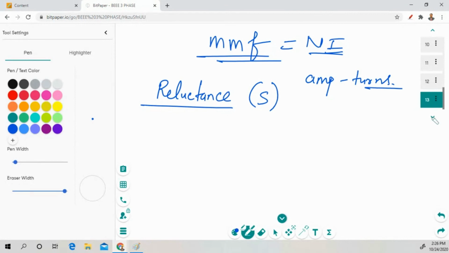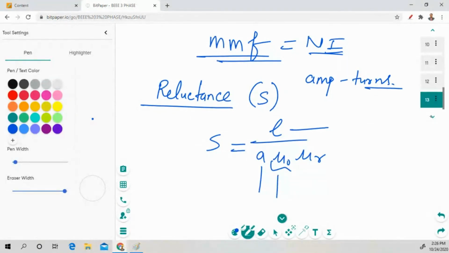So reluctance offers opposition to magnetic flux. How can you represent this reluctance? S is equal to L upon A times mu naught times mu R. Here L is the length, A is the area, and mu naught and mu R are permeabilities.